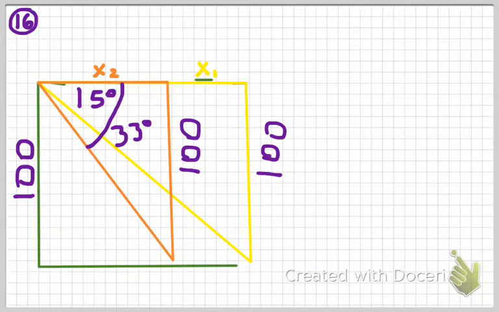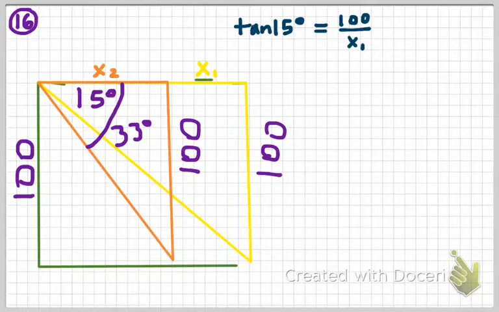So for the yellow triangle, from the 15-degree angle, I know my opposite, which is 100, and my adjacent is what I'm trying to find, which is x sub 1. And since that's opposite over adjacent, that tells me that we're going to be working with tangent. So I can then solve for x sub 1, using your properties of proportions that you should have seen in geometry, and that would give us 100 over the tangent of 15 degrees.